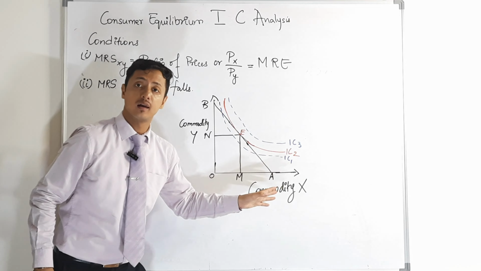Both the conditions are fulfilled at this point, as your MRS XY, that is indifference curve, is equal to the budget line, and MRS is continuously falling. After this point E also, MRS, you can see, is continuously falling. So this is the equilibrium point where both the conditions are fulfilled.